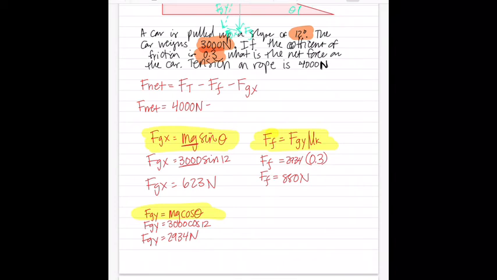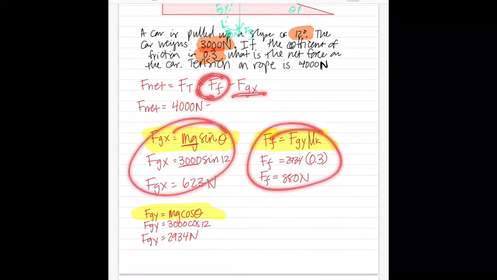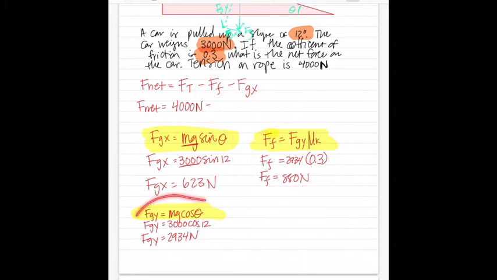We said that F net was tension force, which we already had from the question, minus frictional force, which we just found, minus Fg of x, which we found. The reason we had to do this is that in order to find frictional force, we had to calculate this one right here. That's why we had to do that.